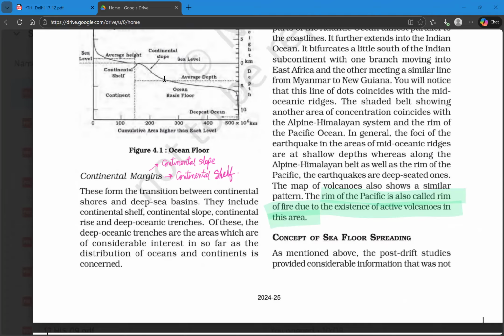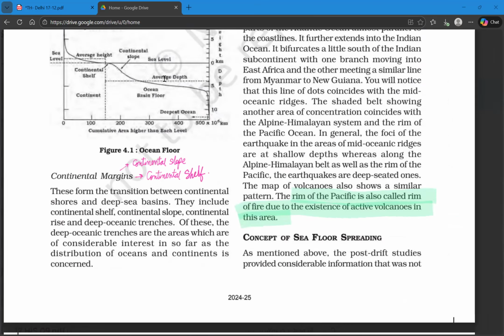Of these, the deep oceanic trenches are the areas which are of considerable interest in so far as the distribution of oceans and continents is concerned.